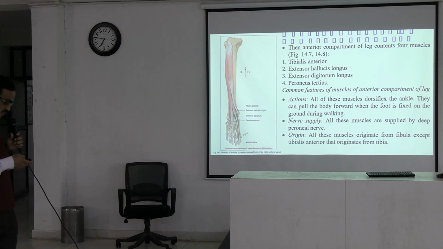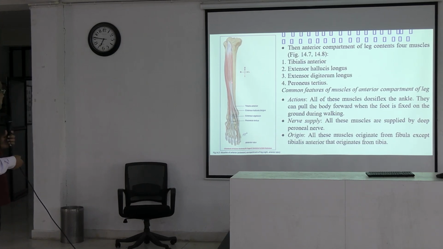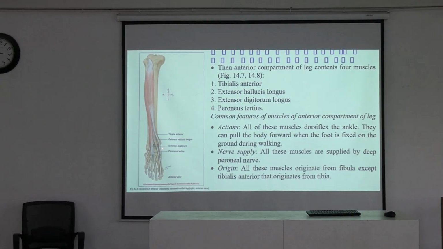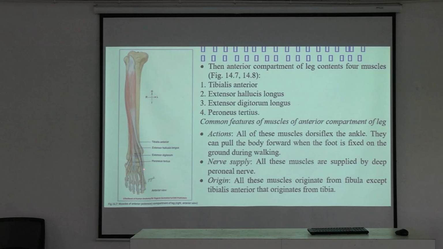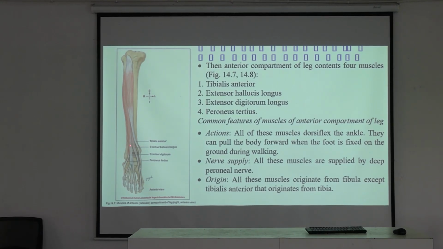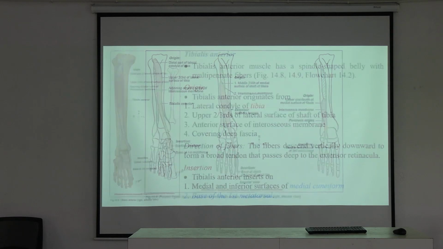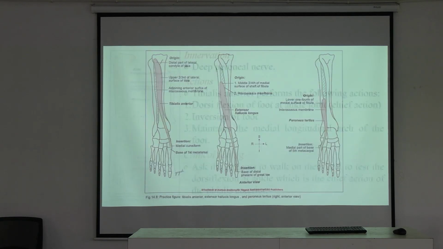Now we can find this muscle which is taking origin from the medial surface of the tibia and which is going on the medial side, that is the tibialis anterior. This muscle is the extensor digitorum and in between we are getting the extensor hallucis and most laterally this is the peroneus tertius. This is the origin and insertion of the tibialis anterior. Okay.